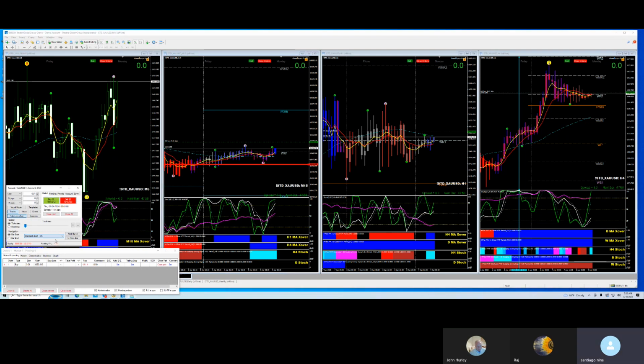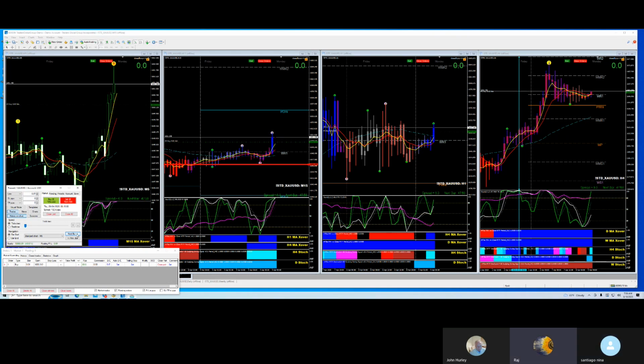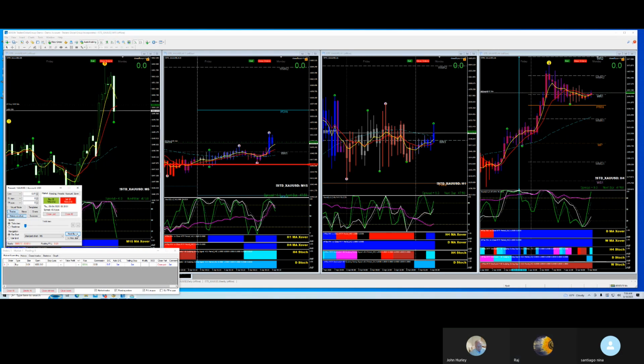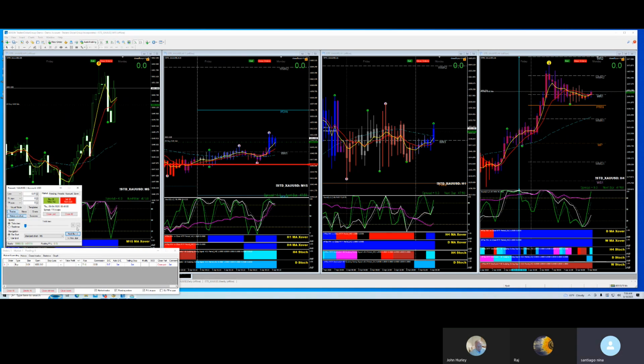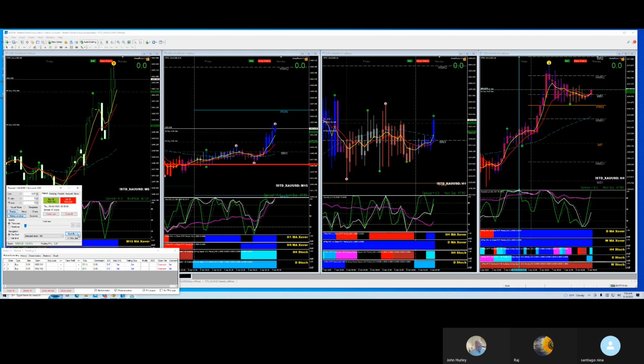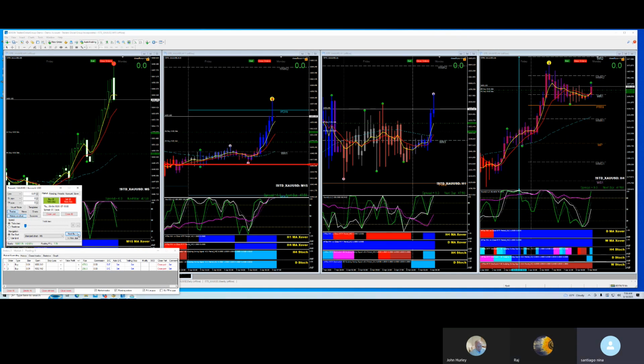That was your first entry if you want to take one entry. You're already up 80 pips. And here's your second entry if you want to take a second entry. All right, we're going to buy and then let it go until the 15-minute turns a different color.